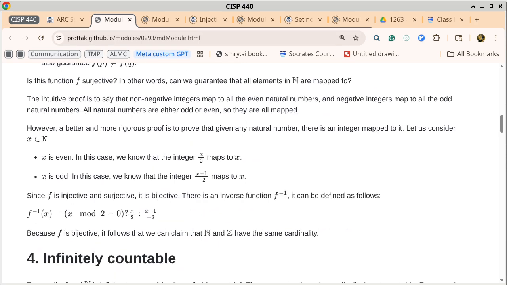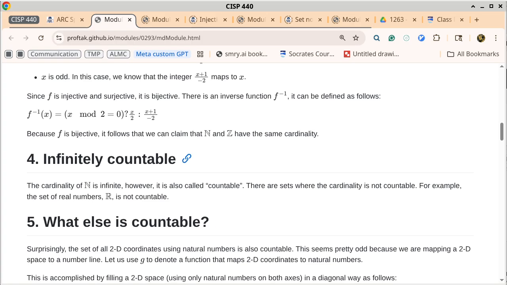And because f is bijective, now we can claim that N and Z, the set of all natural numbers and the set of all integers, have the same cardinality. This is a really short section. It talks about infinitely countable. The cardinality of the set of all natural numbers is infinite, but it is also called countable.